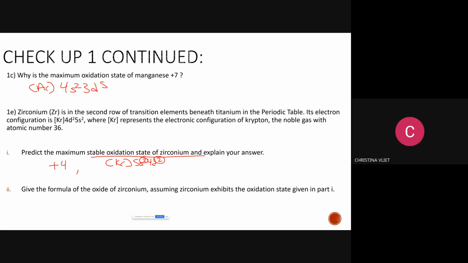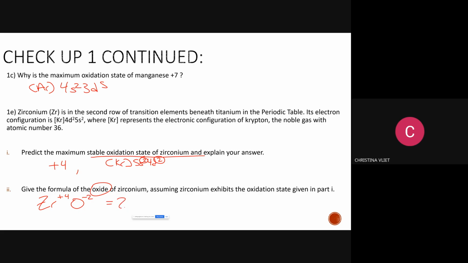Give the formula of the oxide of zirconium, assuming it has that oxidation state. So if zirconium has +4, what would its formula with the oxygen be? Oxide means you're putting oxygen with it. What's the charge of oxygen? So how would we get the formula?